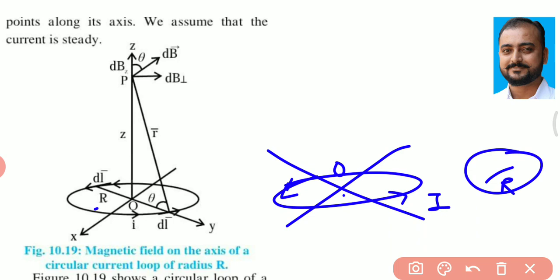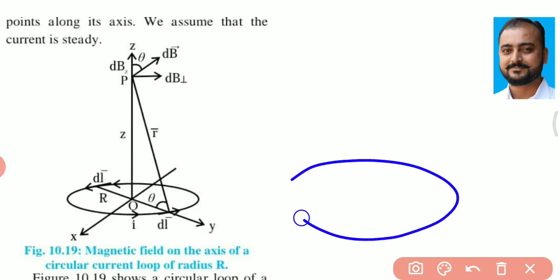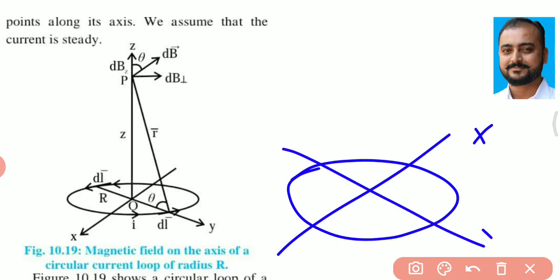So listen carefully, friends. Let this be a circular loop made up of wire present in the xy plane. Let O be the center of the circle. Current I is flowing anti-clockwise through the given circular coil.